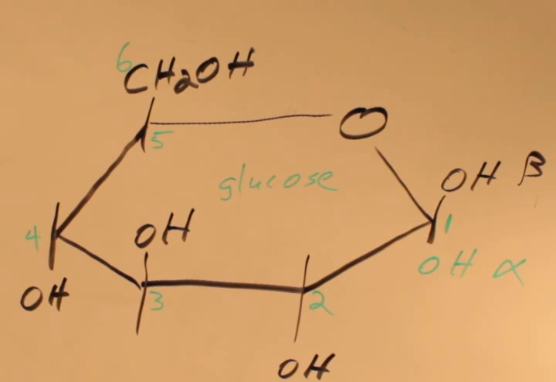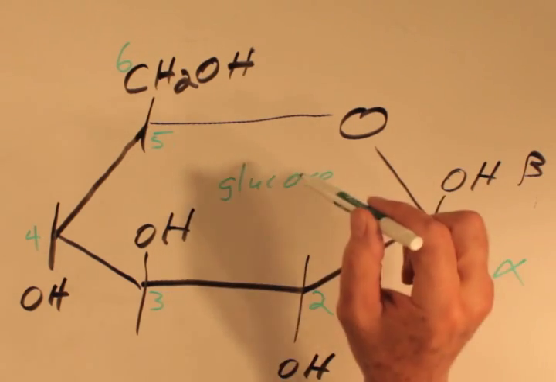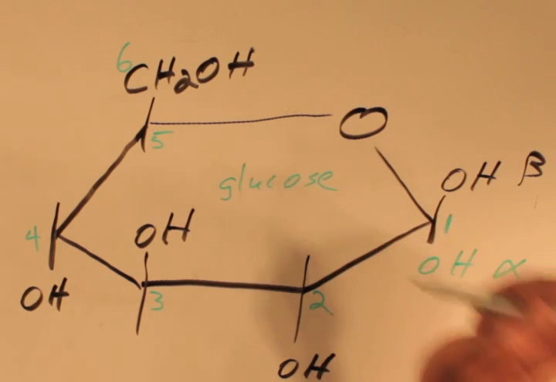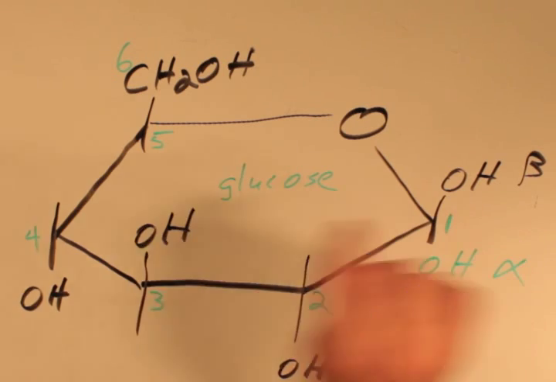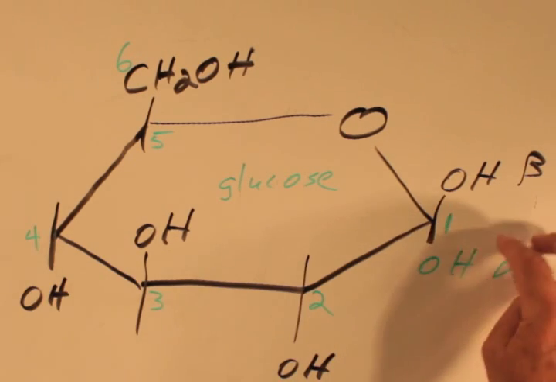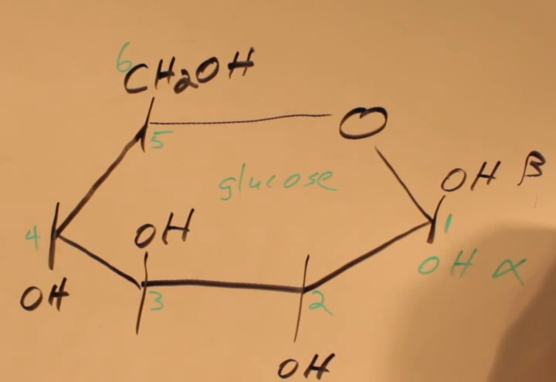The reason is that glucose forms polymers with itself. The polymers are formed as a connection between the number 1 carbon and the number 4 carbon. So the 1 carbon hooks to the 4 carbon, and then the 1 carbon hooks to the 4 carbon, and they make polymers. And the bulk of glucose is found in these polymers.